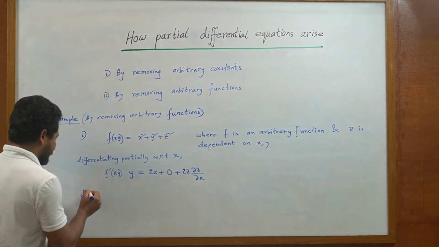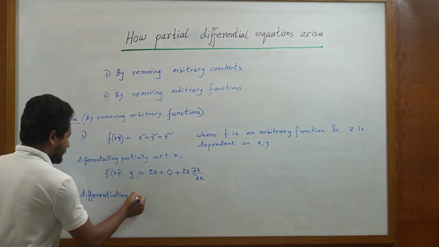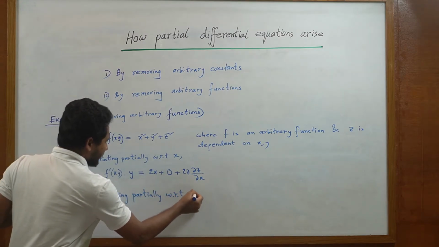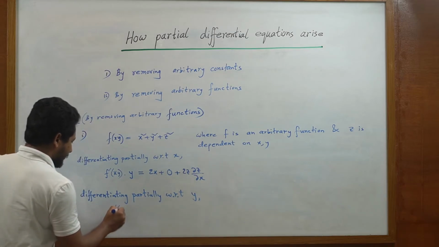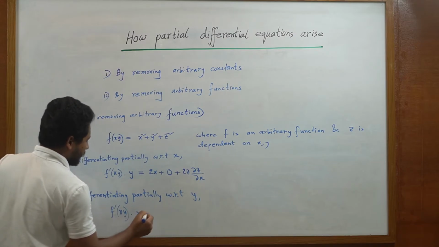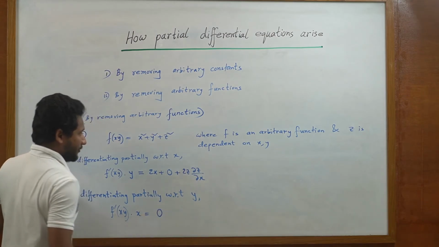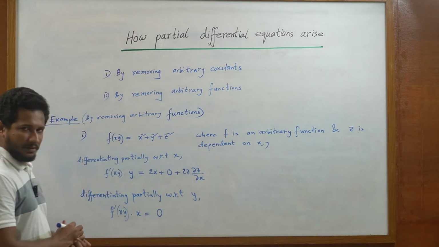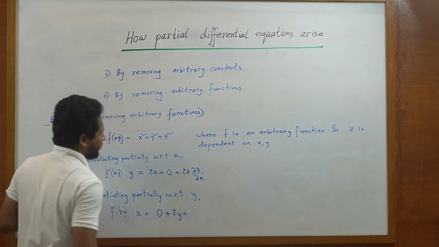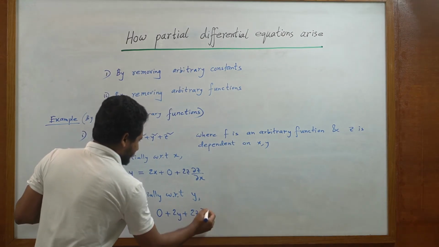Now differentiating partially again with respect to y, we get f dash xy into x equals 0, because x is an independent variable and it is constant here, plus twice y plus twice z del z del y.